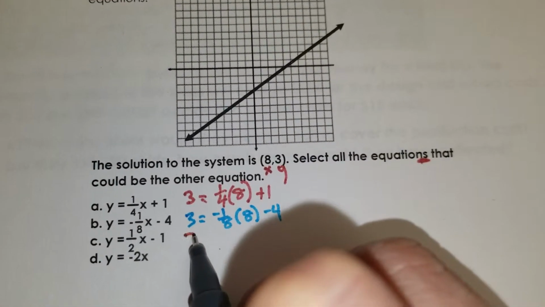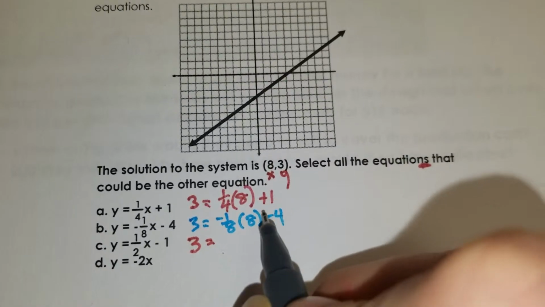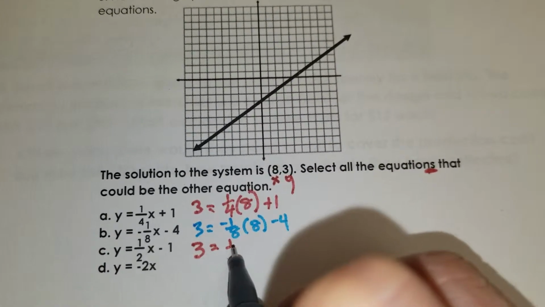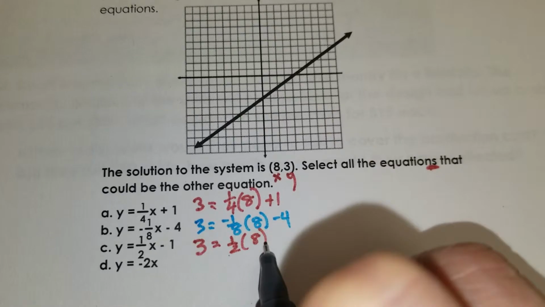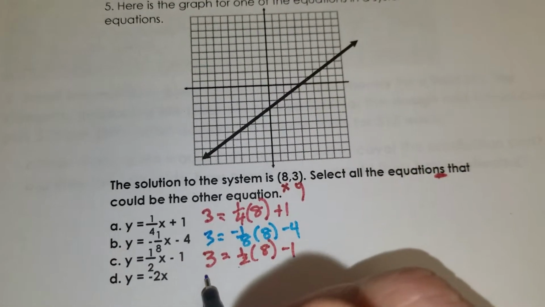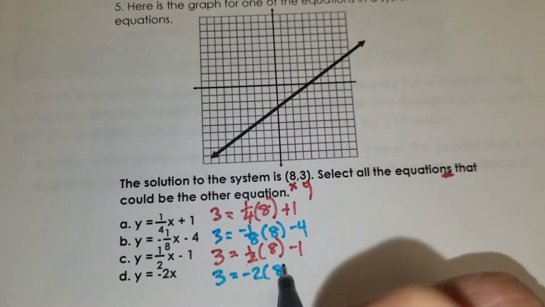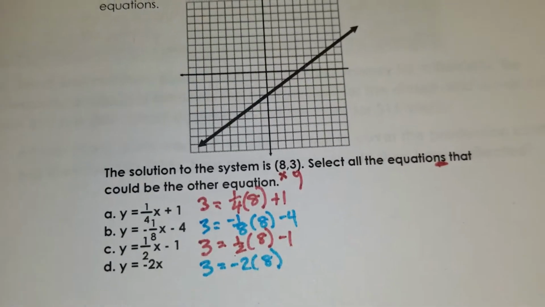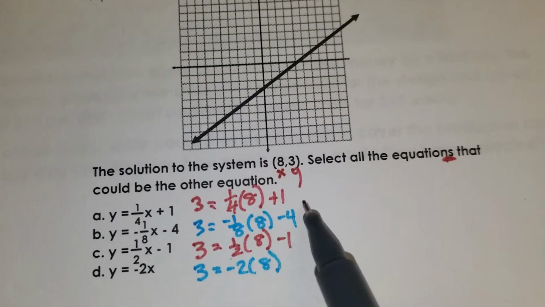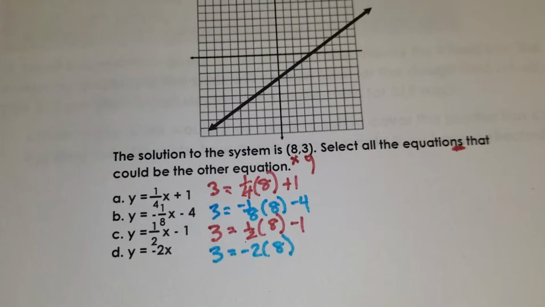Then we have 3, again substituting x and y in, equals 1/2 times x, which is 8, minus 1. And the last one, we have 3 equals -2 times 8. As long as when I type this stuff in, it gives me 3, it's a good answer. So here we go, grabbing the calculator.